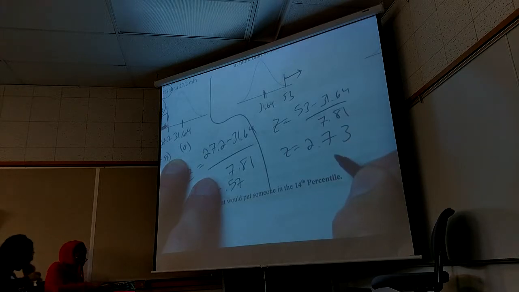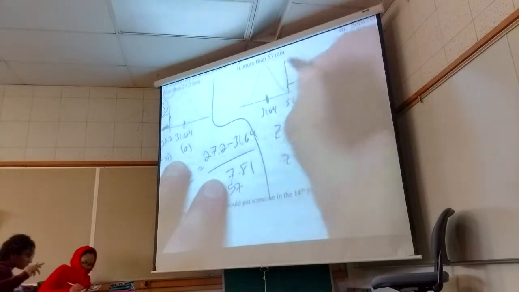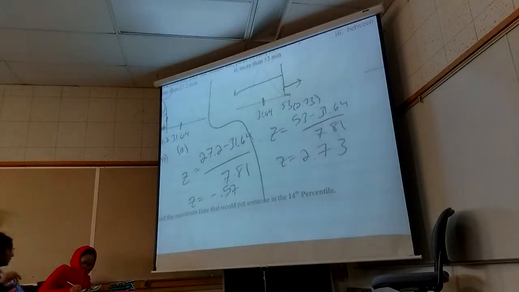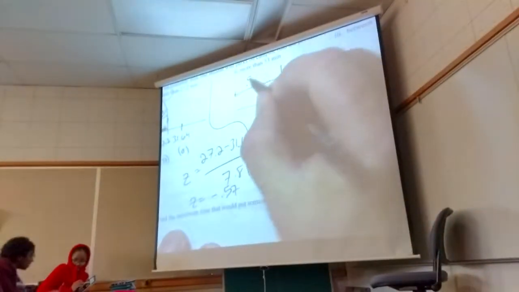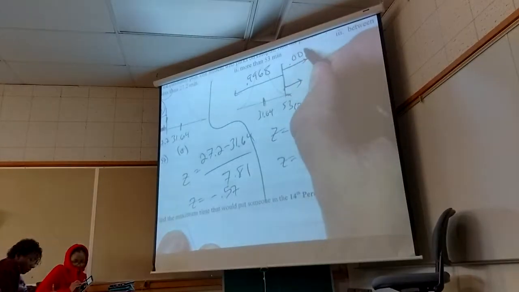Yeah. So when you look up 2.73, you get 0.9968. So then what's the answer? 0.0032.